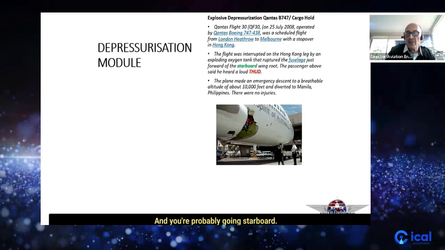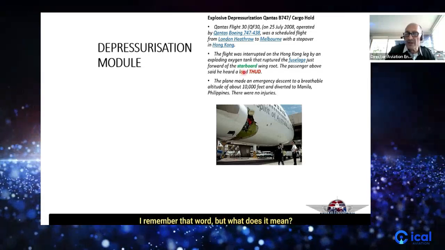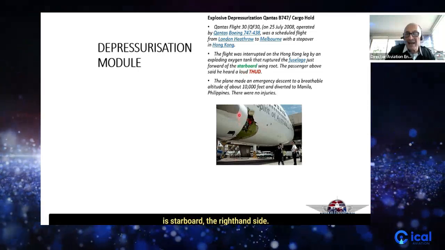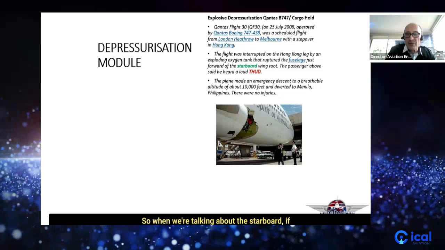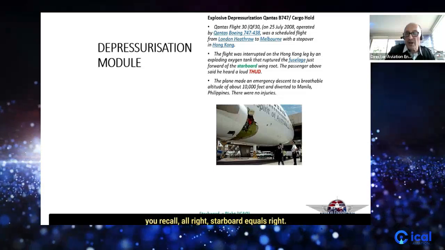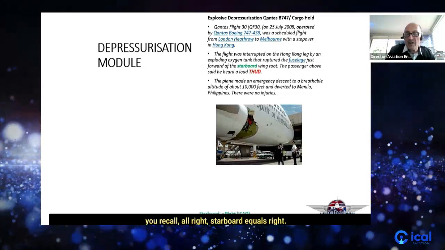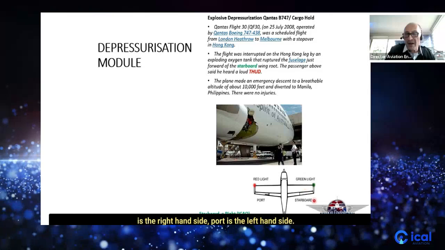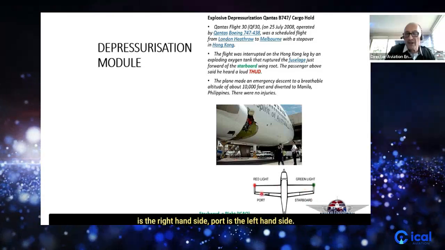And you're probably going, starboard? I remember that word, but what does it mean? Well, starboard is the right-hand side. If you recall, starboard equals right. If I'm looking at my aircraft as I see here, starboard is the right-hand side, port is the left-hand side.